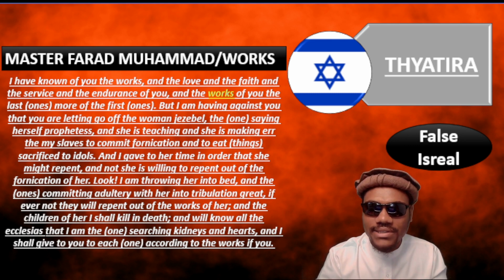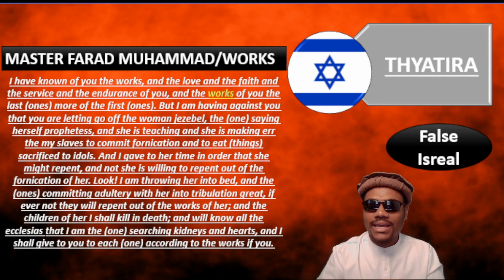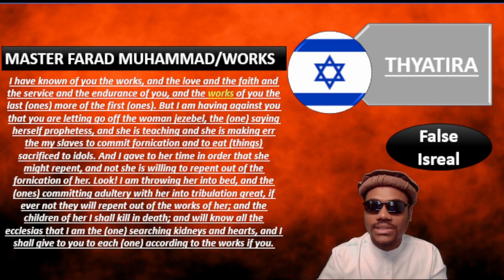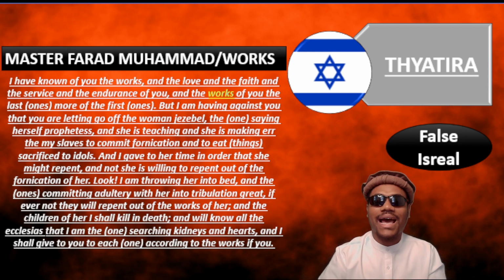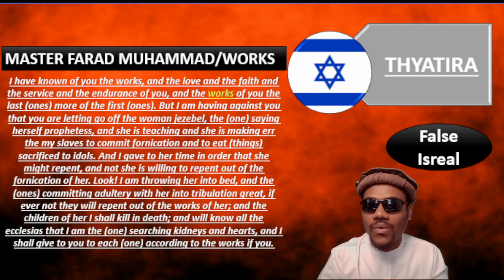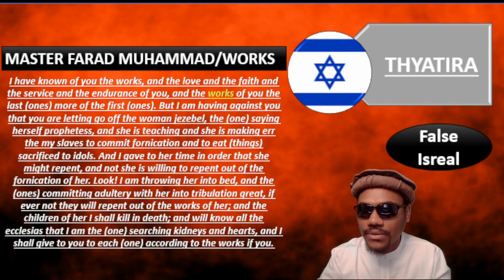And I gave her time to repent, and she is not willing to repent of her fornication. Look, I am throwing her into a bed, and those committing adultery with her into great tribulation, if they do not repent of her works. And her children I shall kill in death, and all the ecclesias will know that I am the one searching kidneys and hearts, and I shall give to each one of you according to your works.